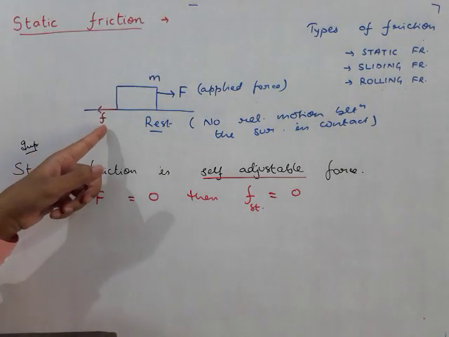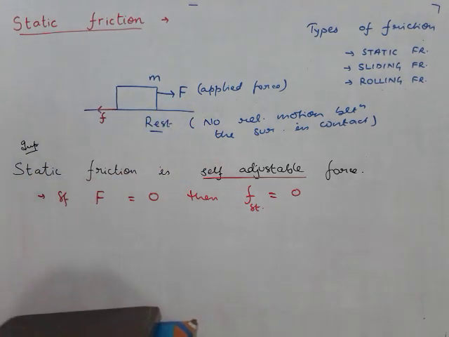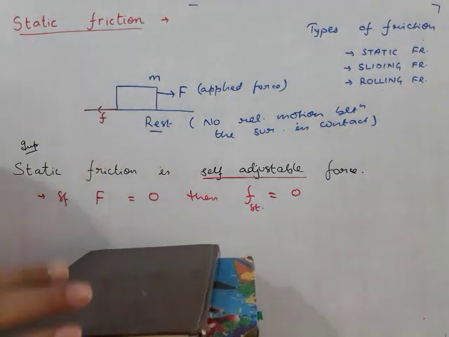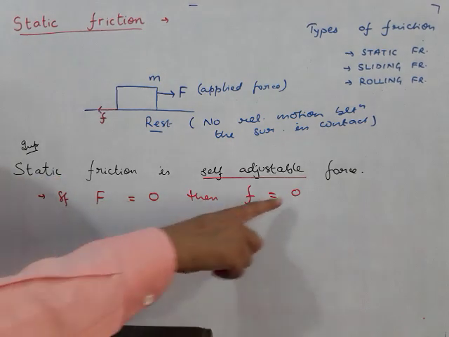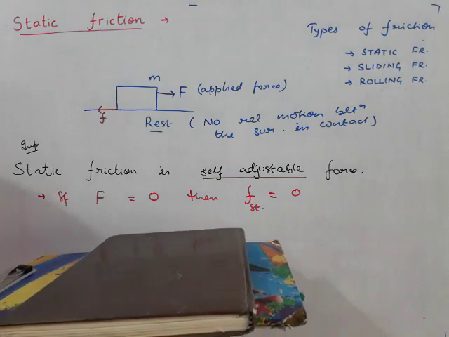The small f static friction and capital F applied force will be equal in magnitude, opposite in direction. If that condition is satisfied, then the object will remain at rest. So see, static friction was earlier 0, now it developed some value and it is acting towards left.